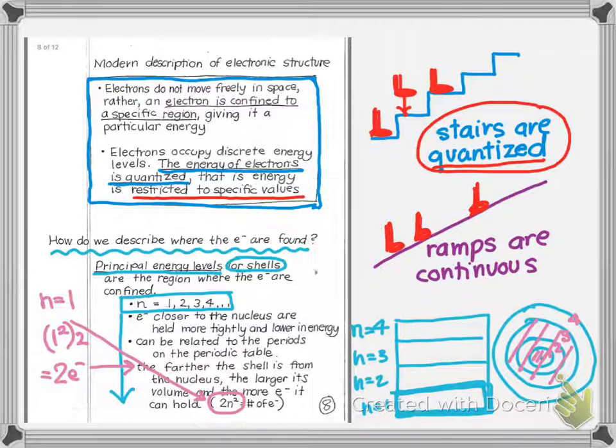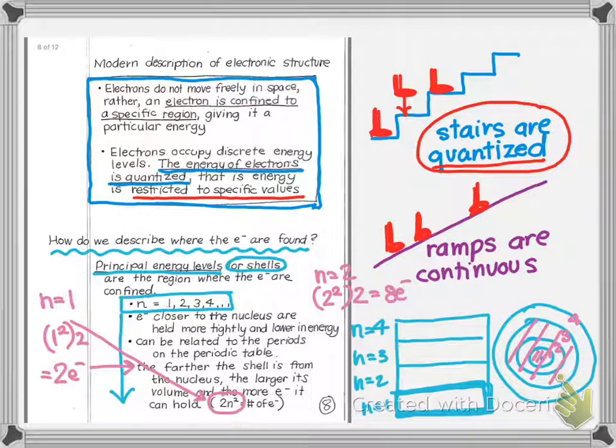If you're in level 2, then you'd say 2 squared times 2. So 2 squared is 4 times 2. So level 2 can hold 8 electrons. That's what that is saying, but it's not important that you memorize it.